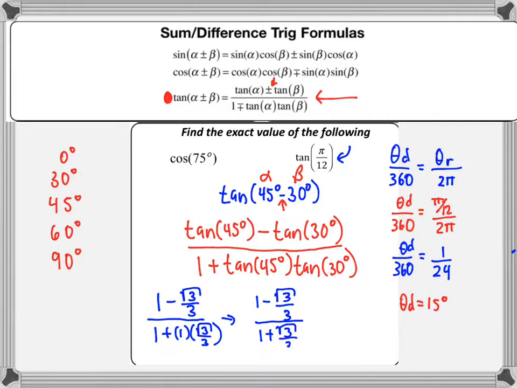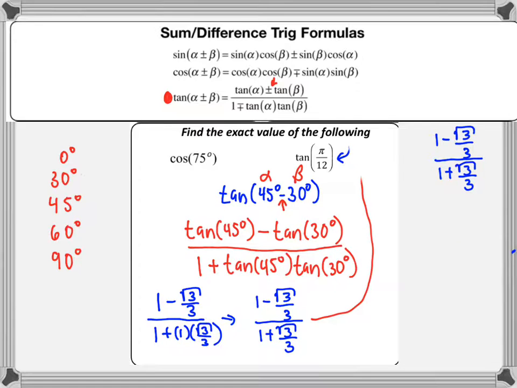We can't have square roots on the bottom, so that means we're going to have to rationalize. I'm going to make some room here. We have a lot of arithmetic to do. Putting this over here, what I'm going to do first is cut down these fractions, and I'm going to multiply the top and the bottom by 3 just to get rid of those fractions, and that knocks those things out.